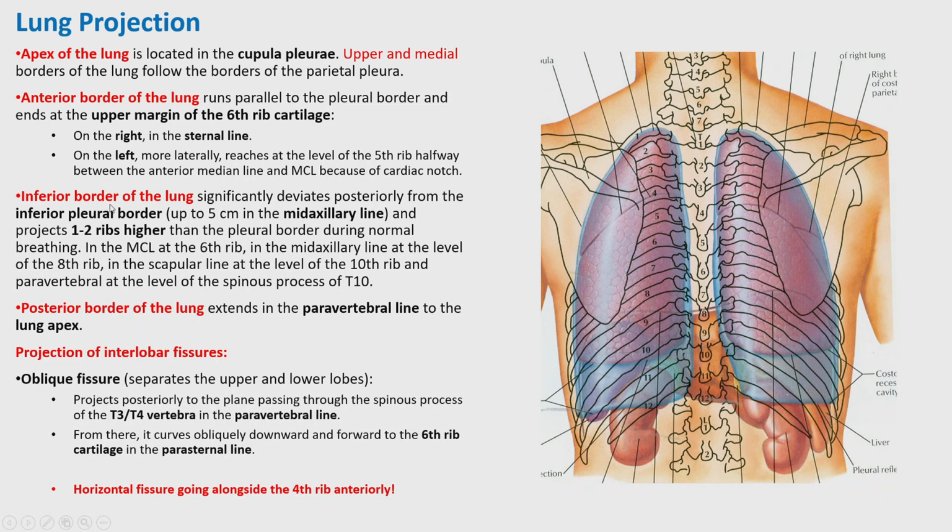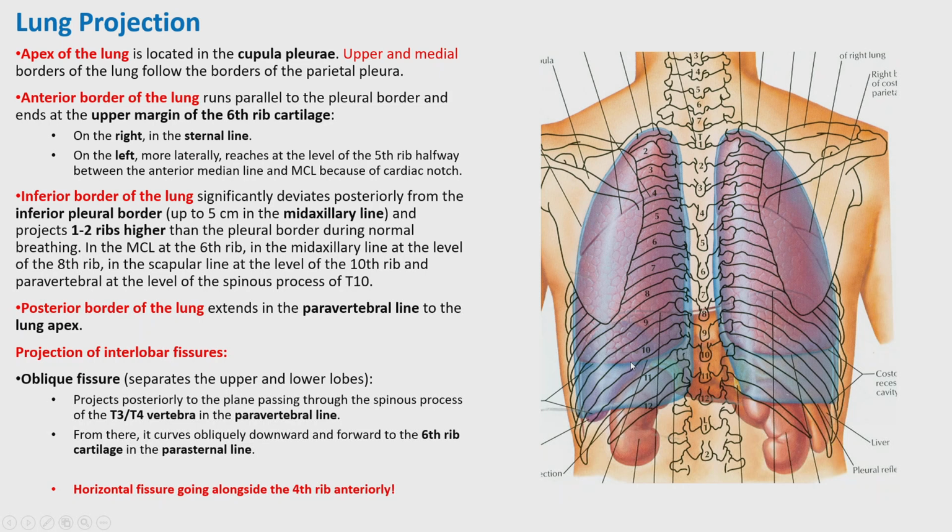So the upper and medial borders more or less copy the pleural cavity, this bluish color. And the purple color is the border of the lung. As you see, the inferior border of the lung finishes here, but the inferior border of the pleura finishes here.